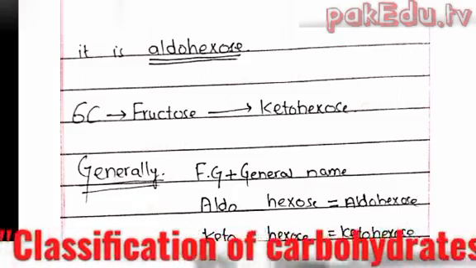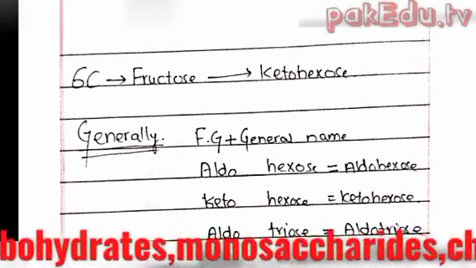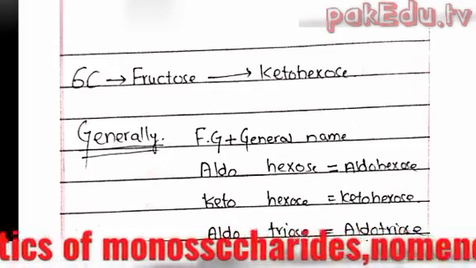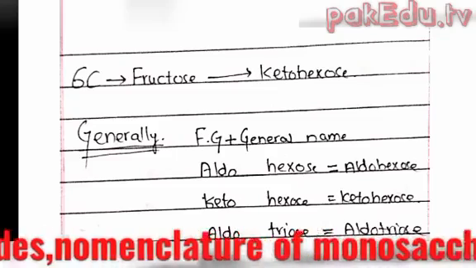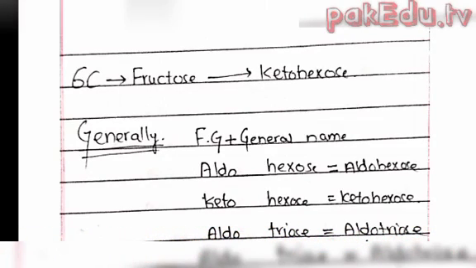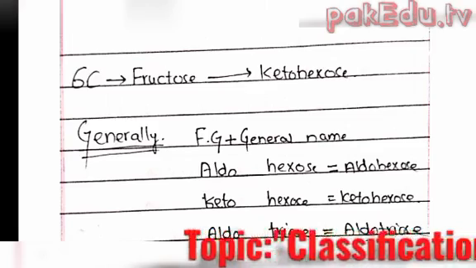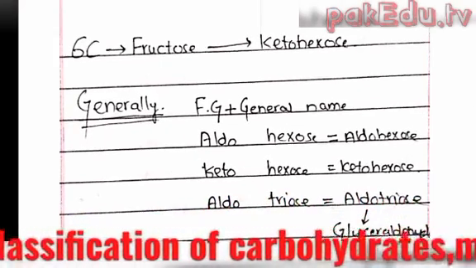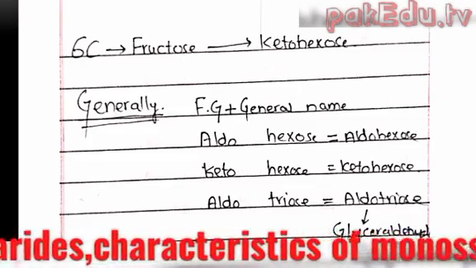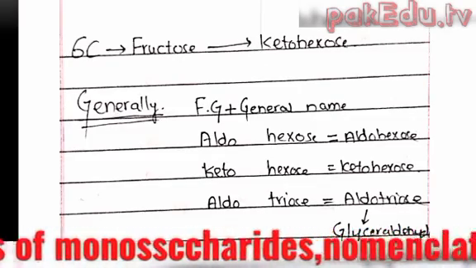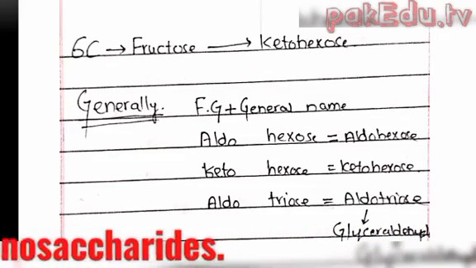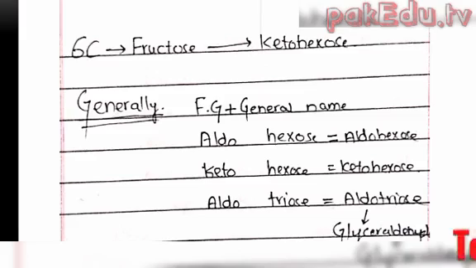For example, glucose is an aldo sugar, so its functional group is aldo. We will write aldo here, and its generic name is hexose because it has 6 carbon atoms, so its name will become aldohexose. Next, in case of fructose, the functional group is the keto group, and as it has 6 carbon atoms, it is a hexose, so its full name will become ketohexose.